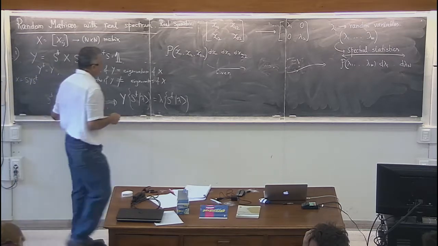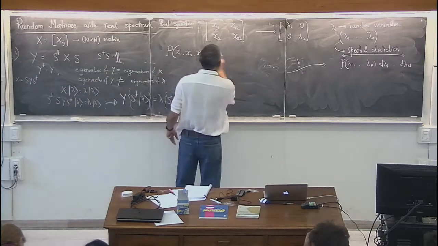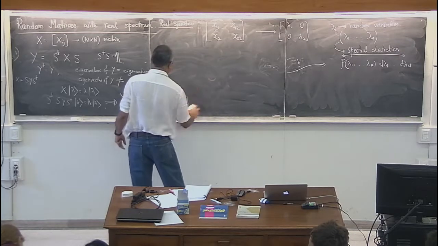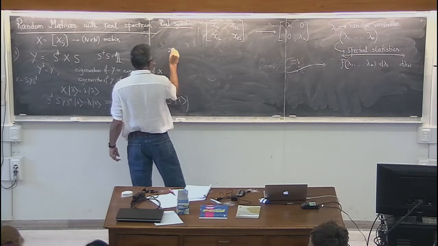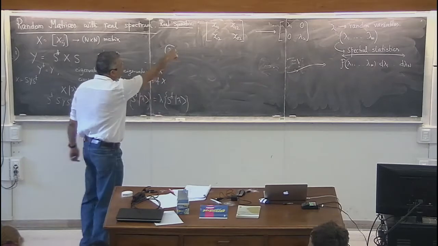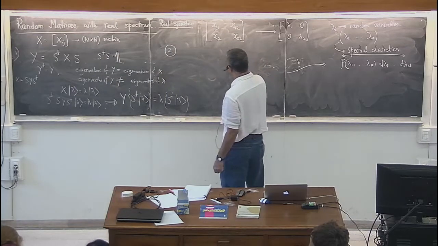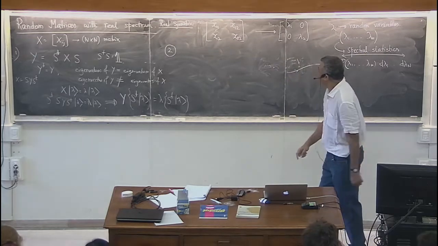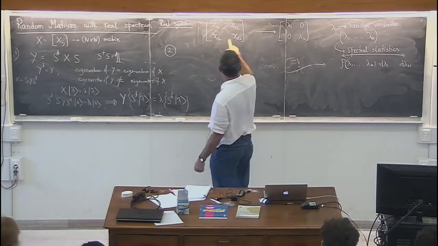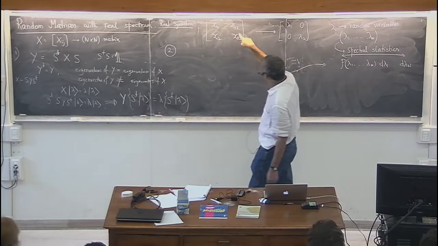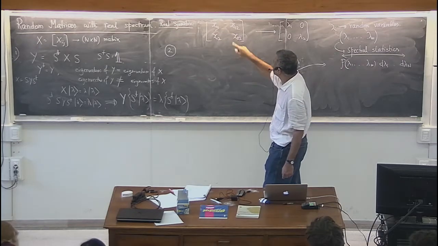A little less trivial remark is this. Again think of this 2 by 2 matrix. Now before I assign a weight, I want to look at the volume element. In this case my independent degrees of freedom are just these 3 elements, right?